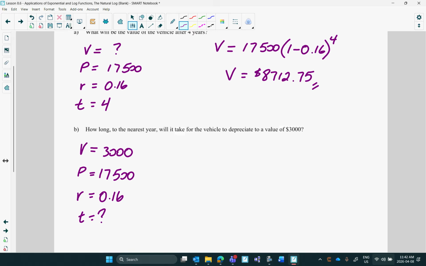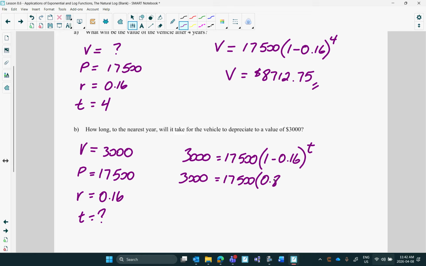So, using our formula, 3,000 equals 17.5 times 1 minus 0.16 raised to the T. Simplify the parentheses first: 0.84. Then what?